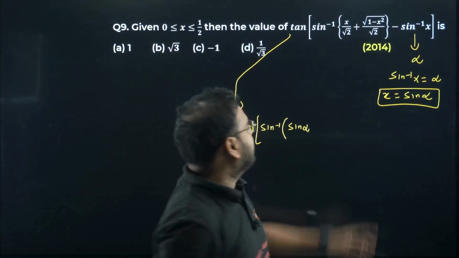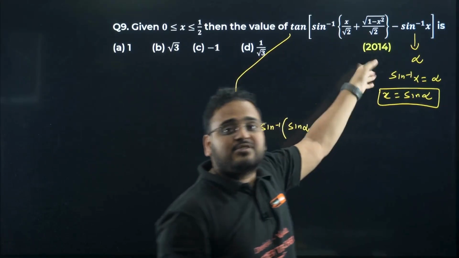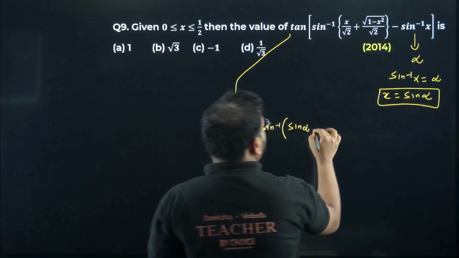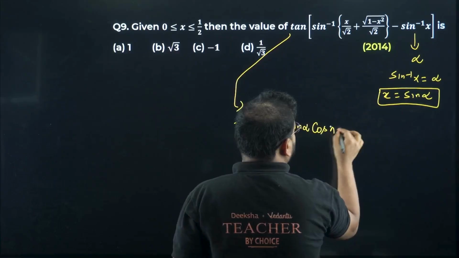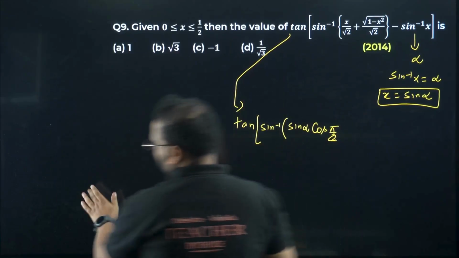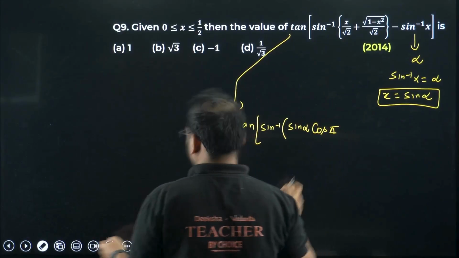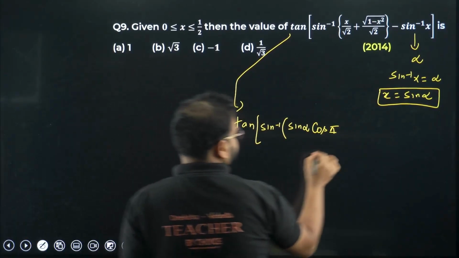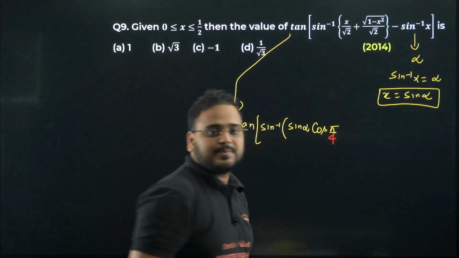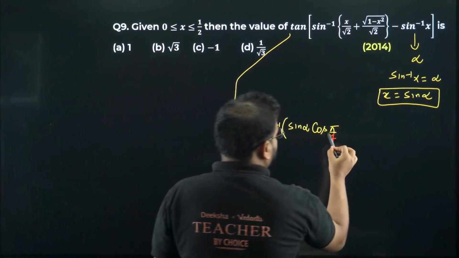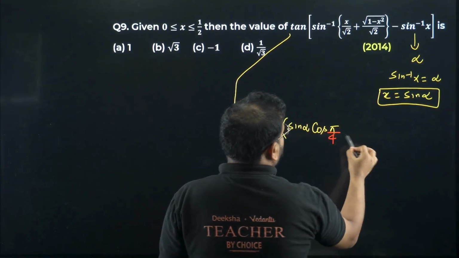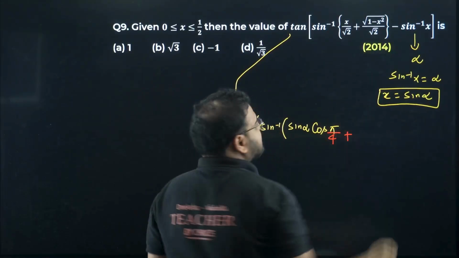X by root 2, right? It becomes x into 1 by root 2. So simply I can write here cos pi by 4. Cos pi by 4 is clear? Then comes a plus sign. I have root of 1 minus x square. Think about it.